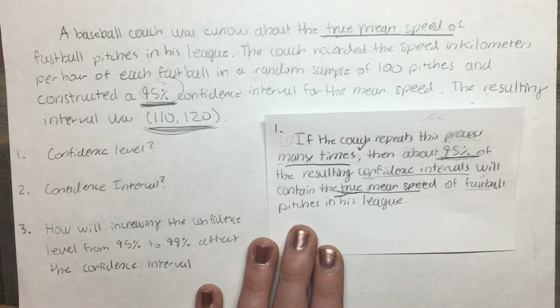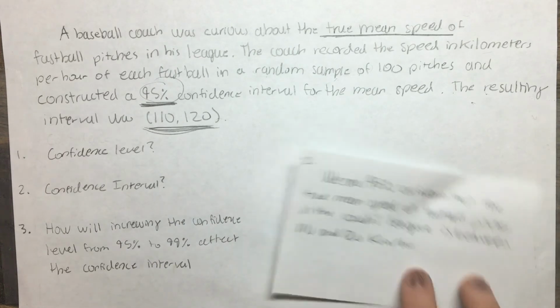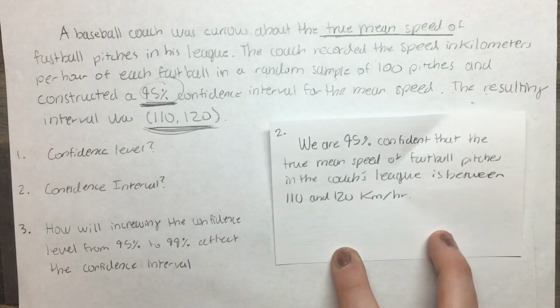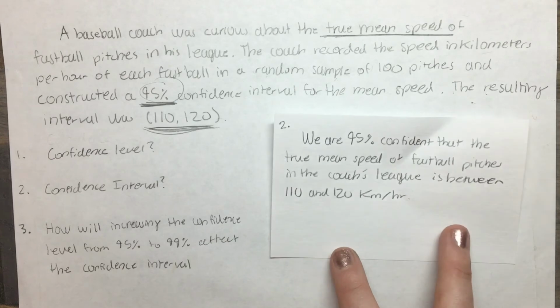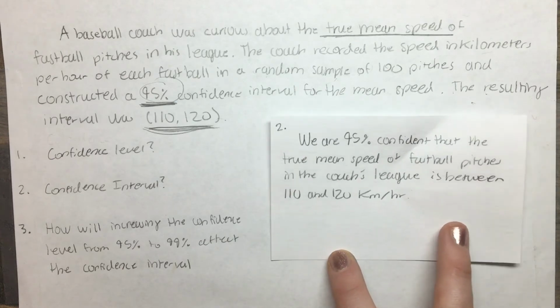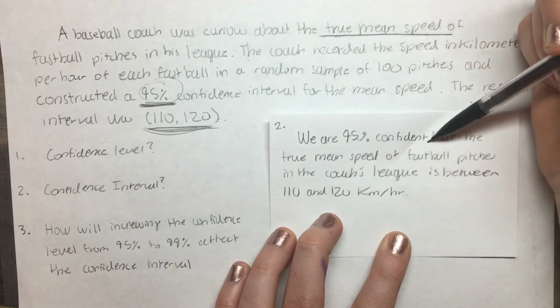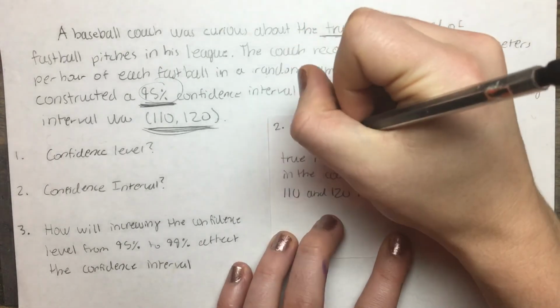Okay. The next question is interpret the confidence interval. So the confidence interval is 110 and 120 kilometers per hour. But how do we say that? Okay. We are 95% confident that the true mean speed of fastball pitches in the coach's league is between 110 and 120 kilometers per hour. It is important to say that we are blank percent confident when writing this interpretation.